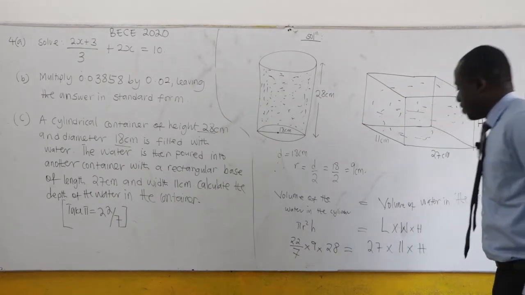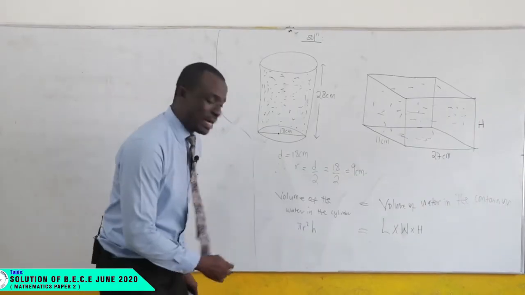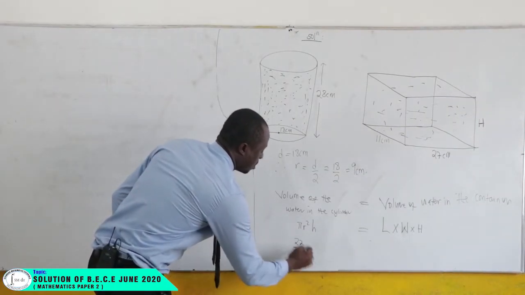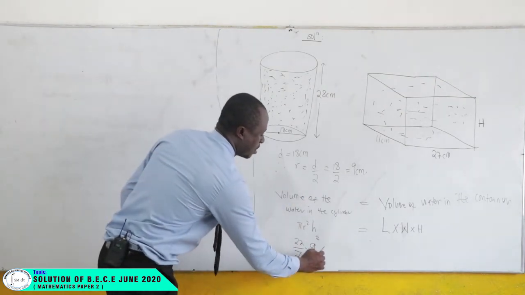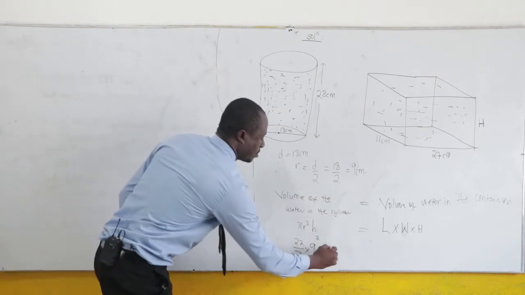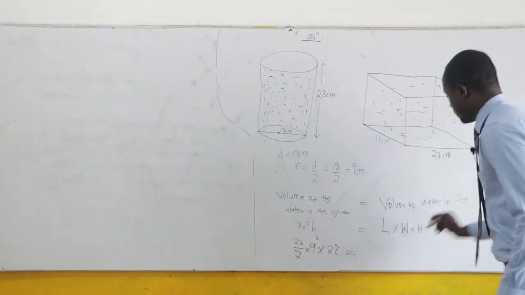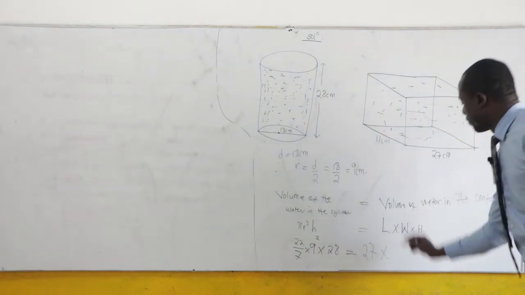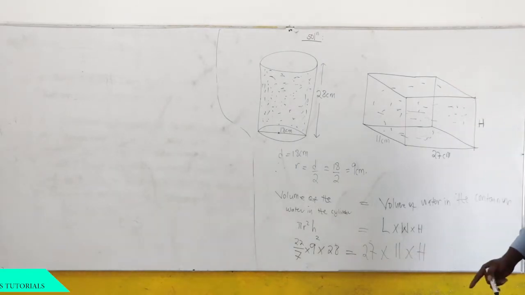That is what we are looking for. So 22 over 7, now our radius is 9, but we have r square, so that is 9 square times the height, which is 28. Our length is 27, we're given our width to be 11, and then our depth, we don't know.